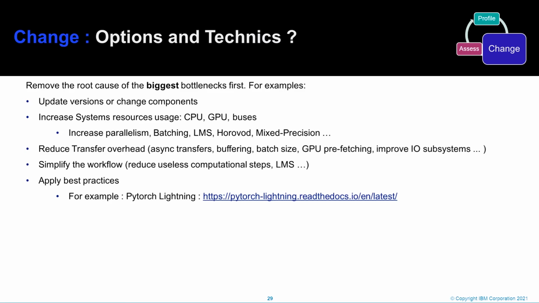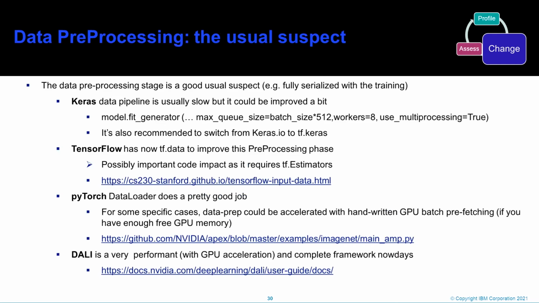You have to also consider potentially simplifying the workflow itself, and also applying best practices. We mentioned PyTorch Lightning as well, which is a great example for PyTorch. On data preprocessing, this is our experience here: the usual suspect is the data preprocessing for sure.